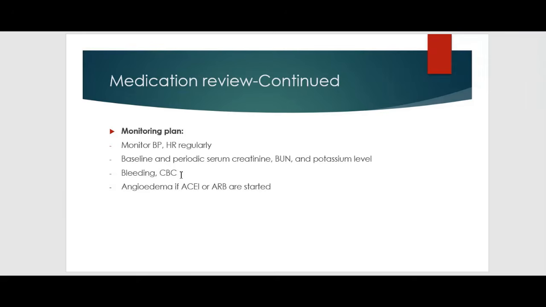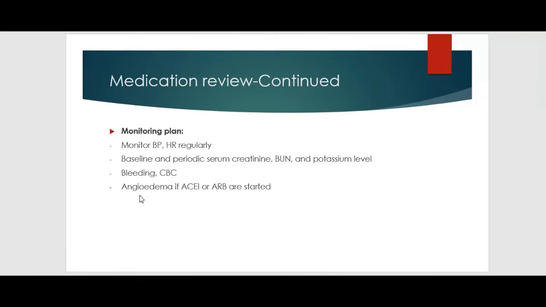You should also monitor for bleeding risk, because the patient will be on triple and dual anticoagulation for a year. So you have to monitor for bleeding, and CBCs also, which will help you to look at the hemoglobin. If there's a major drop in the hemoglobin, then you know that there might be bleeding happening.